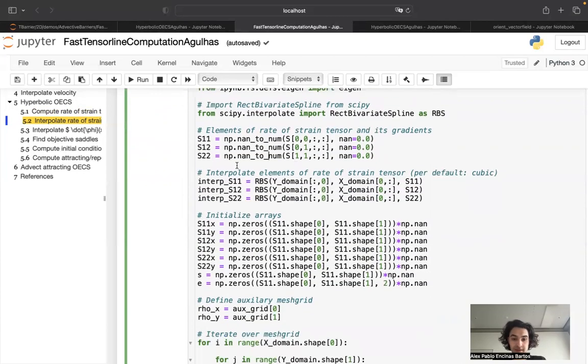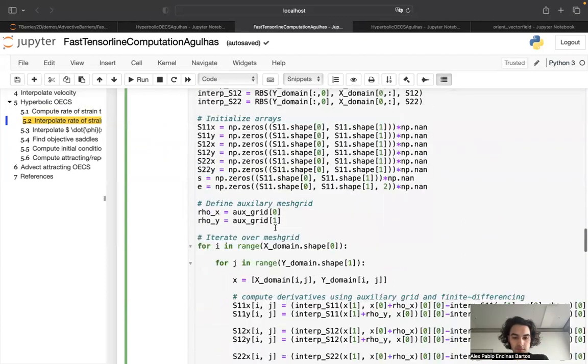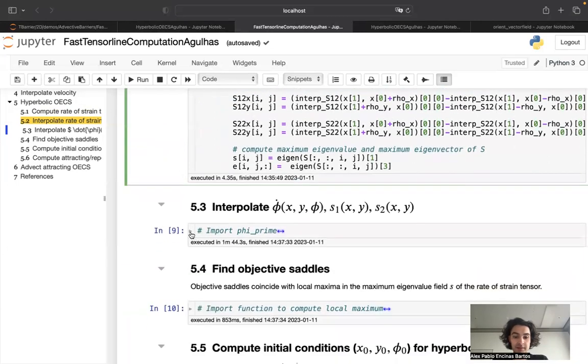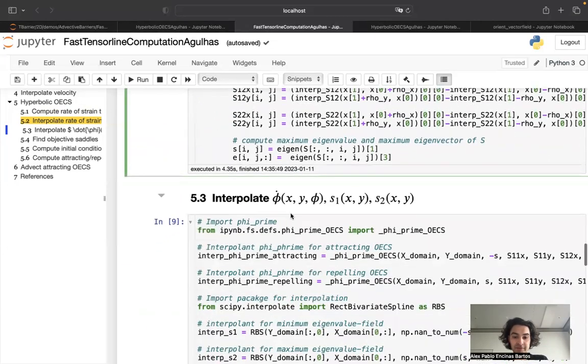We interpolate the components so that we can evaluate them at arbitrary points in space and time. And we pass these functions then finally to this phi prime function.